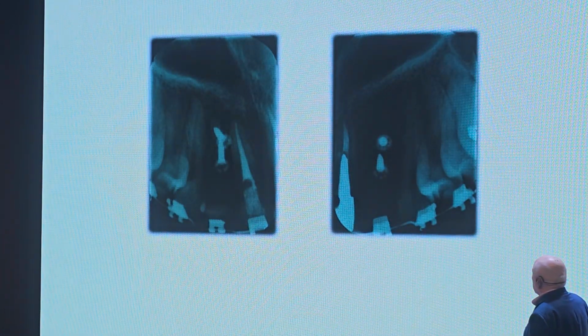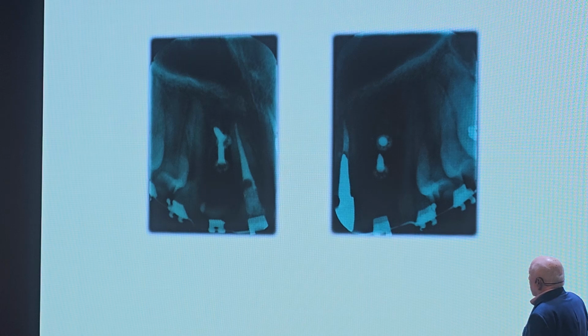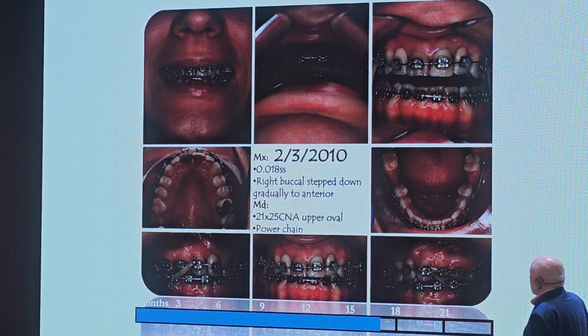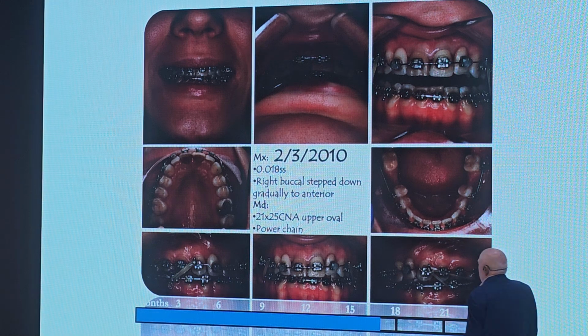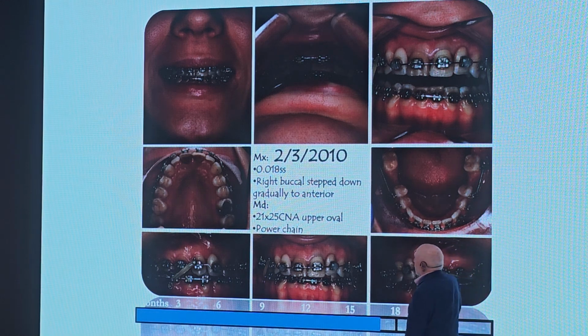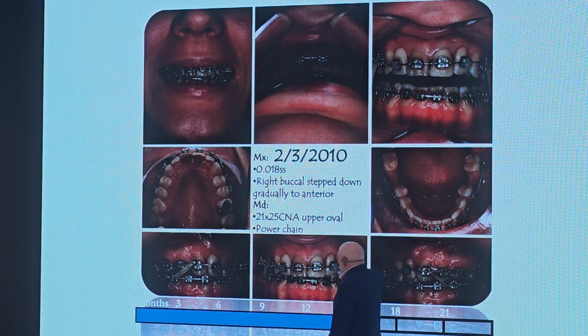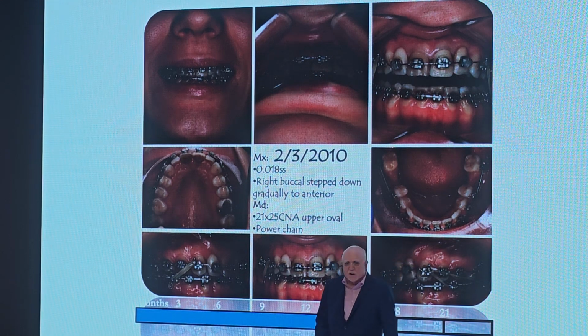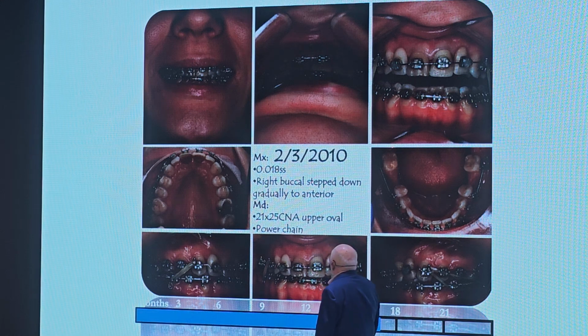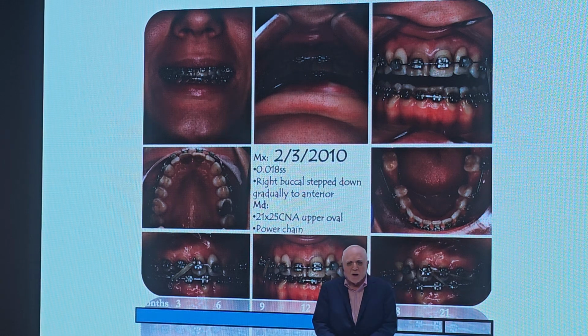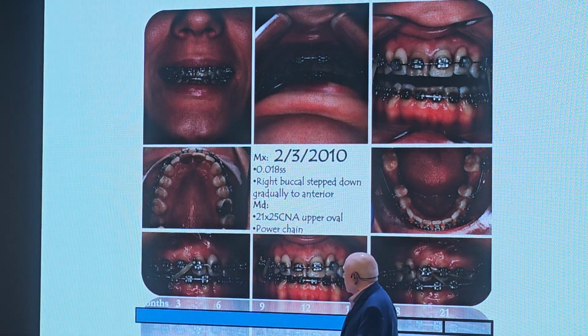We take X-rays and we follow what is going on. Now we are putting in heavy wires, aligning all the teeth. The flipper is bonded there in that space. At the same time, you can see a little bit of darkness where you have your screws.